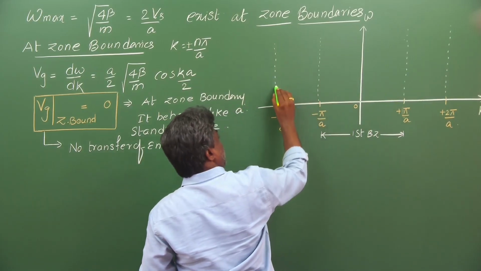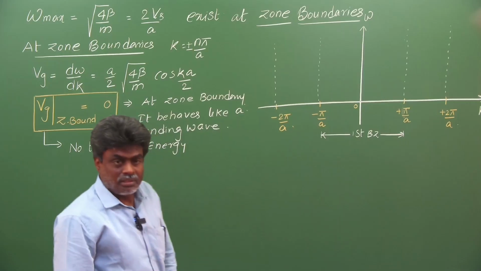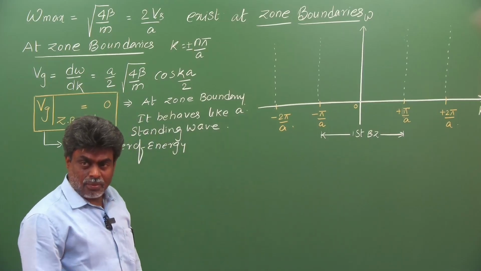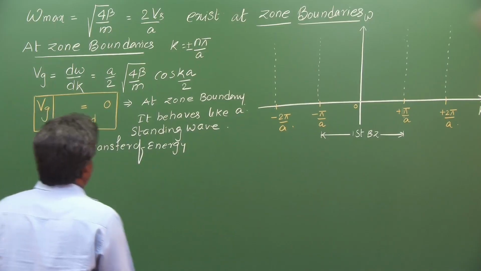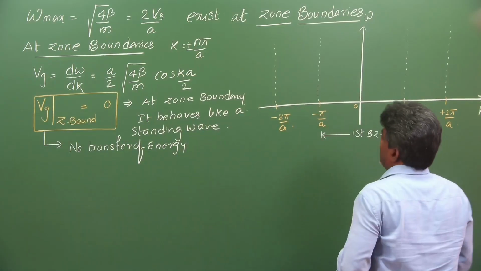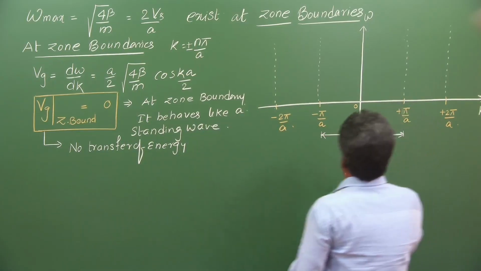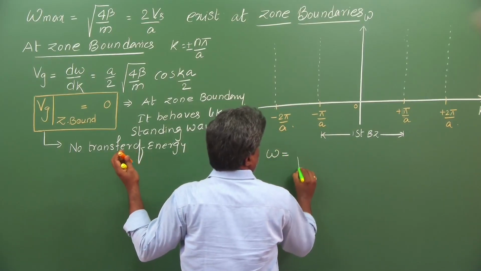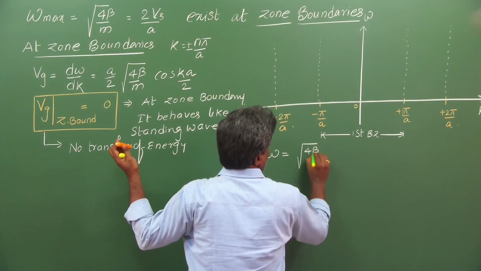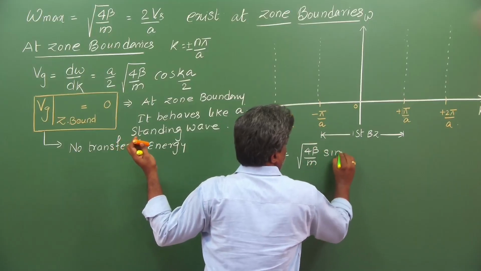Have you seen? Right. Now let us see what is happening. We are studying at higher frequencies, right? At higher frequencies, we have not taken any approximation. That's why the dispersion relation is omega equal to under root 4 beta by m sine.